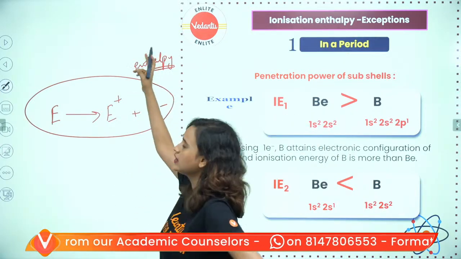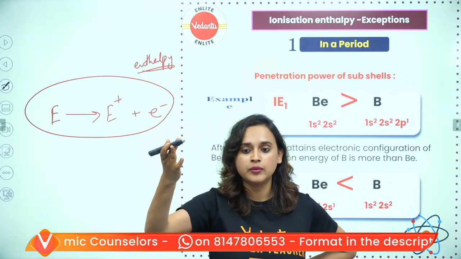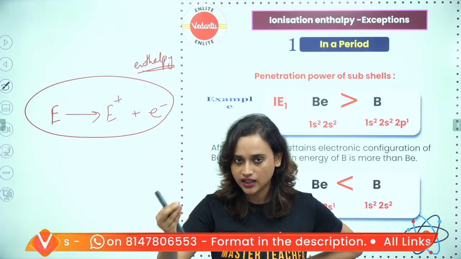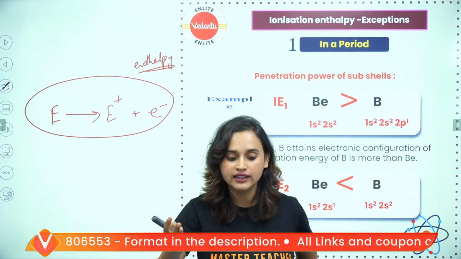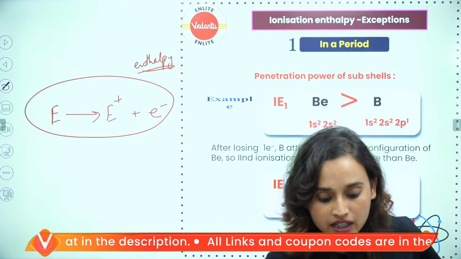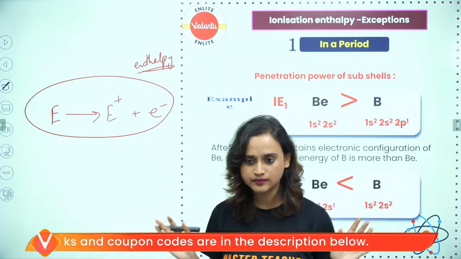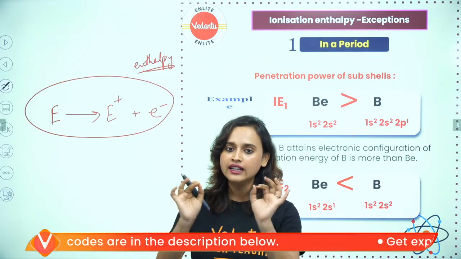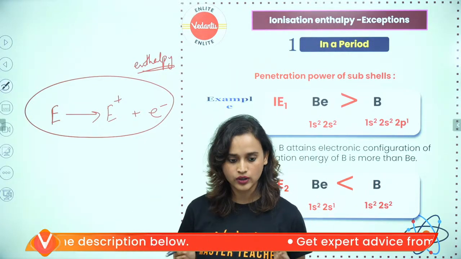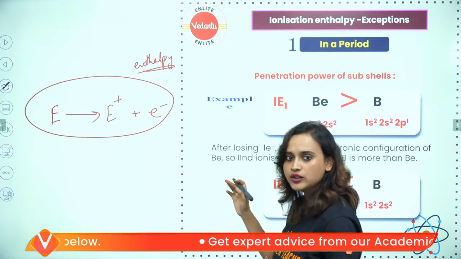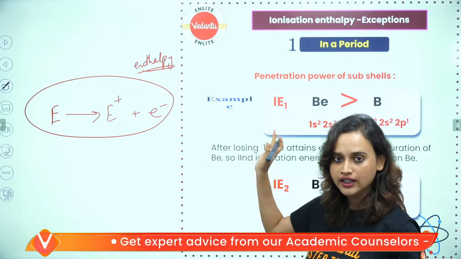Anyway, this is when we require enthalpy. What is enthalpy? In very layman terms, enthalpy is basically the net heat content of a system. So we are going to understand ionization enthalpy.